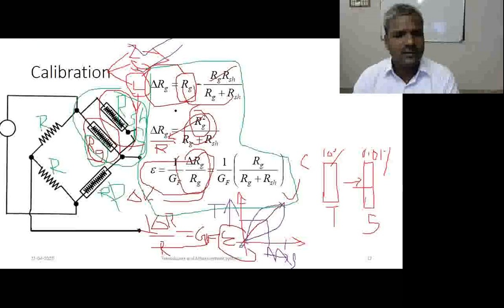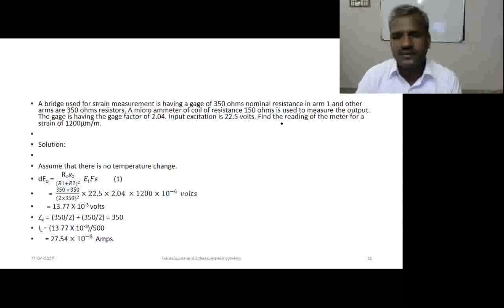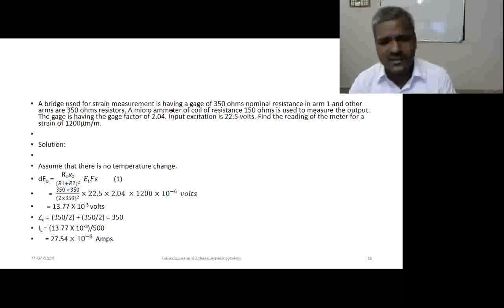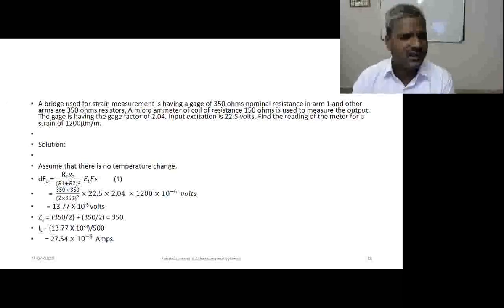This problem we already discussed in the last class. A bridge used for strain measurement has a gauge of 350 ohm nominal resistance, and the other arms are 350 ohm resistors. A microammeter of coil resistance 150 ohm is used to measure the output. The gauge factor is 2.04, input excitation 22.5. Find the reading of the ammeter when the strain is 1200 micrometer per meter.